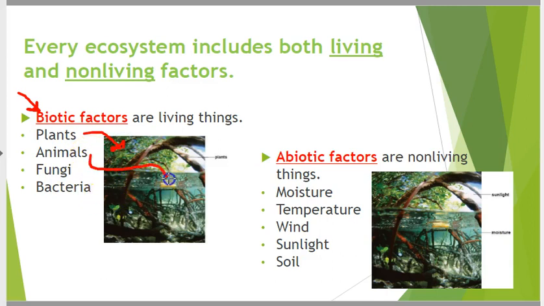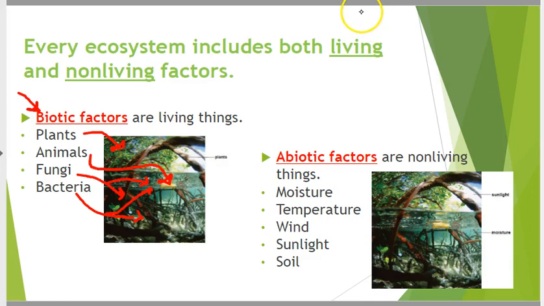We have animals, there's fish and birds and some other animals that live here. In that water, we also have different types of fungi. All right. There's also bacteria. There's bacteria everywhere. Okay. All those are biotic factors. You can throw humans in there. We are a biotic factor. Okay.